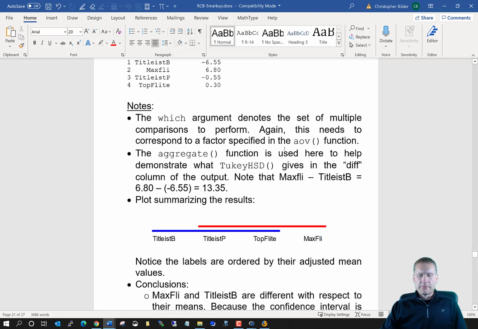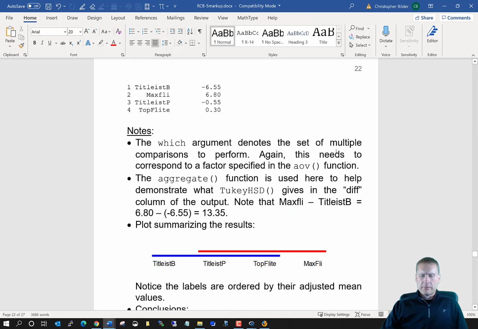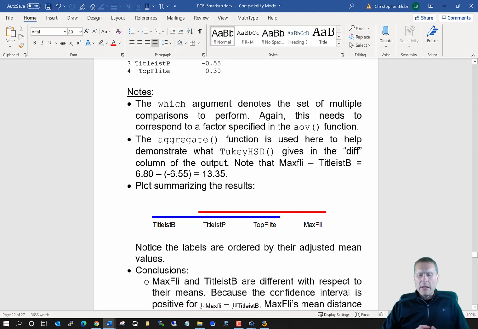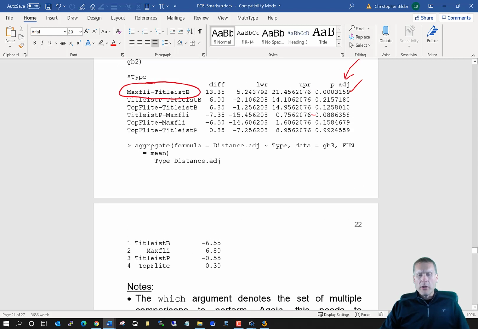Okay. So we need to figure out how to order these particular types of golf balls so that we can do our little graphic that helps demonstrate where the differences among the means are. One could use the aggregate function with the adjusted distances.